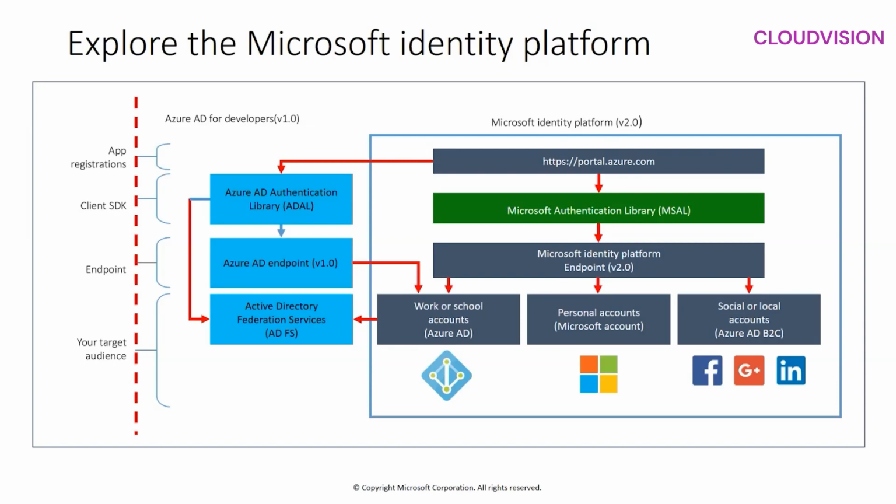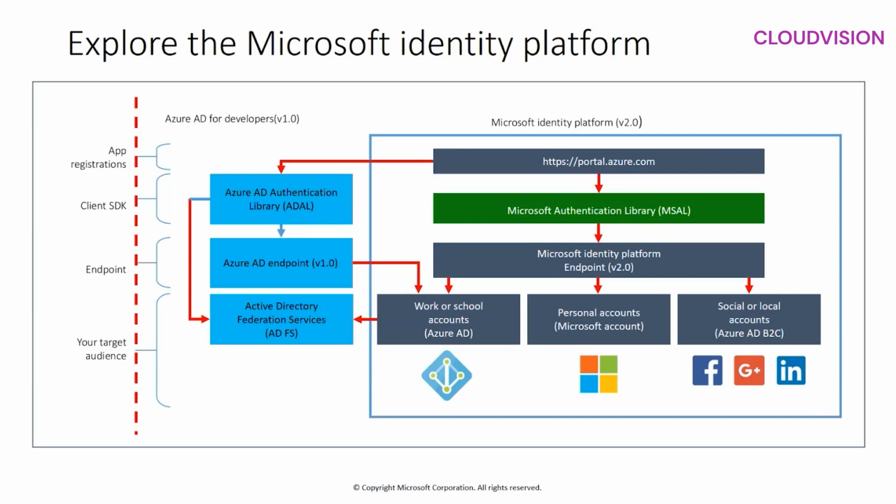It is a new way of performing authentication. When you go with Identity Platform version 2, you can authenticate your users not only from Azure Active Directory, but also with personal accounts, social accounts, or local accounts. So you have a wide variety of ways to authenticate and authorize your users.